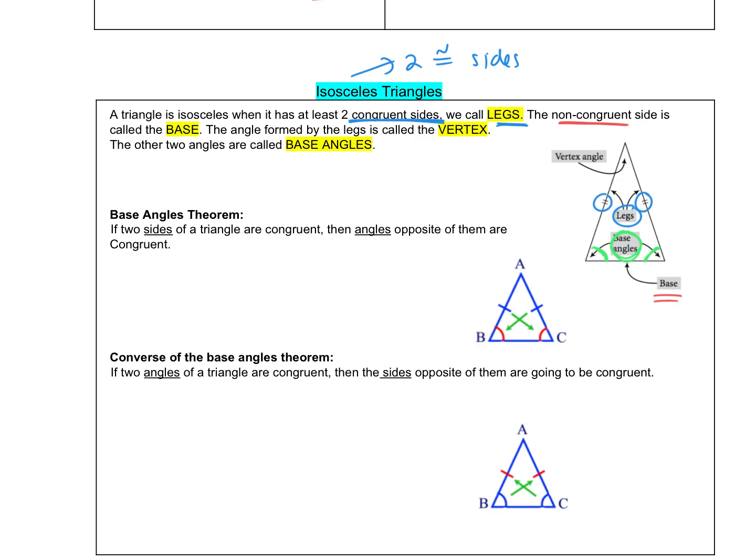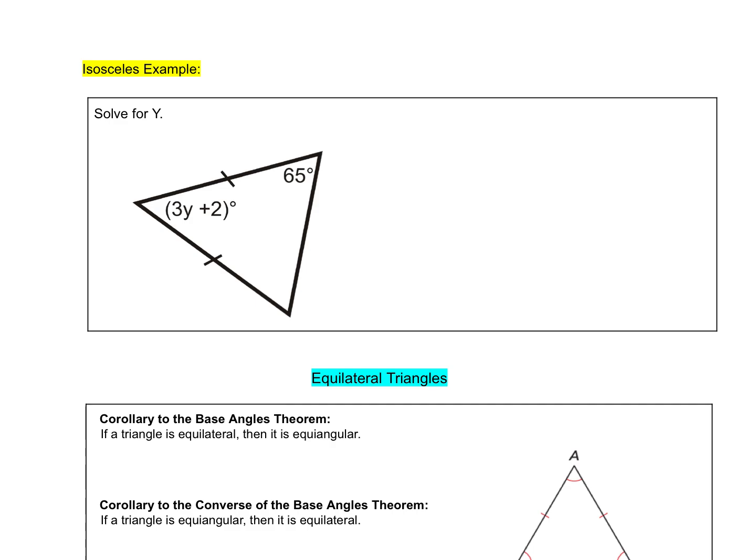So let's do some examples. So here we go. What we're thinking when we look at this is we say, oh, we have two sides that are congruent. That makes this an isosceles triangle.